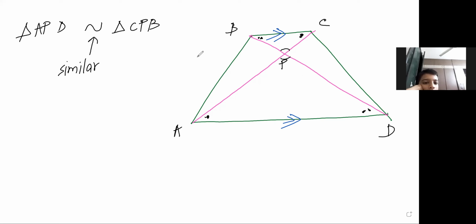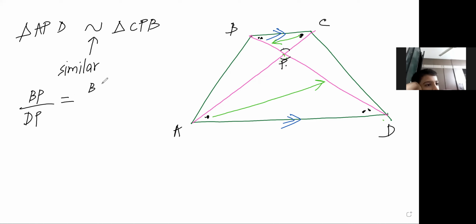Now, when that happens, look at the corresponding sides. What is the side opposite to this angle? That side, which is BP, correct? And opposite to this side is DP. So we can write BP over DP is equal to the sides opposite the vertically opposite angles, BC over AD, is equal to the third side, CP over AP.